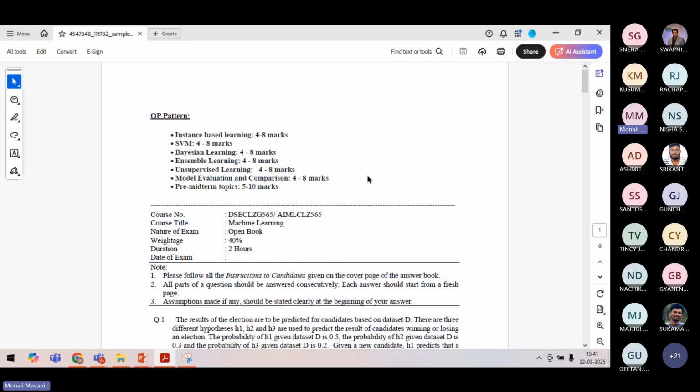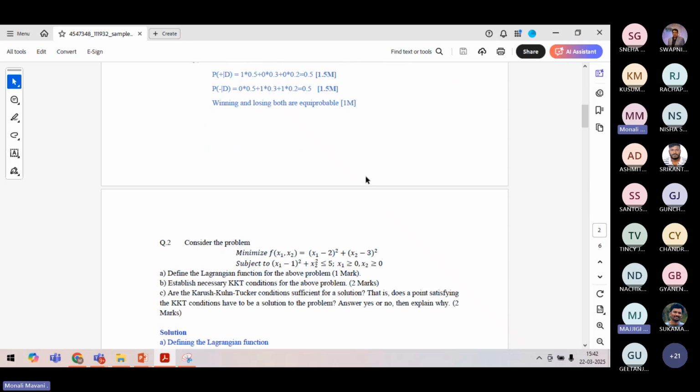After that, you will get 15 minutes for scan and upload. You cannot write during that scan and upload time. You know the mid-semester rules, the same applies here. So 2.5 hours for the exam and 15 minutes for scan and upload.